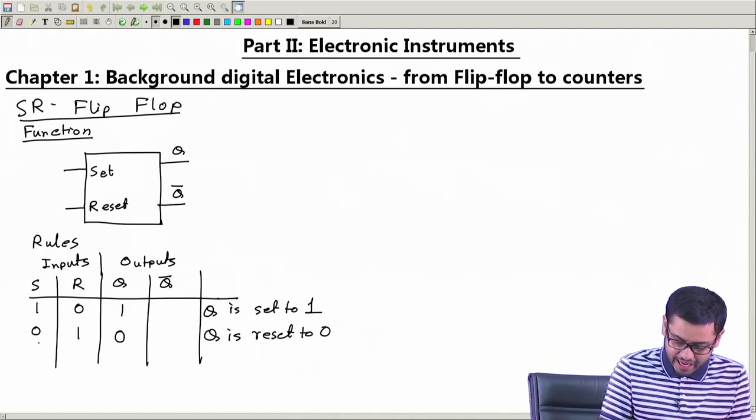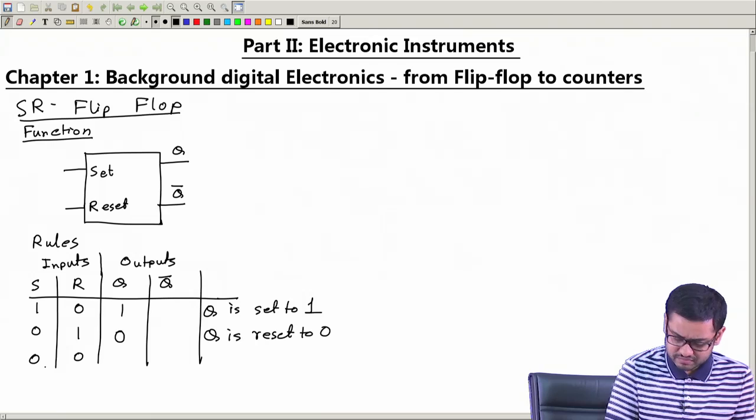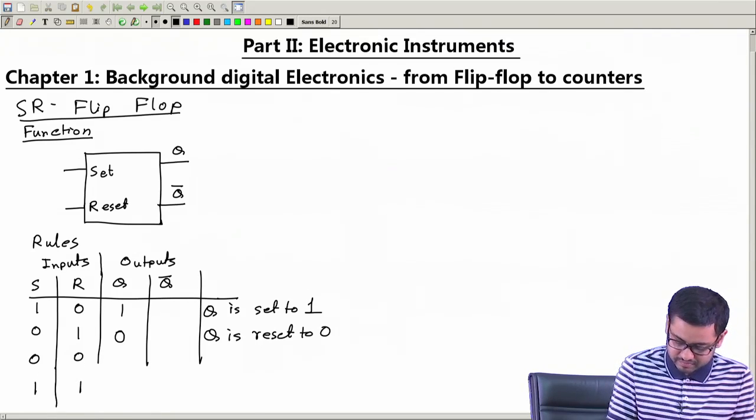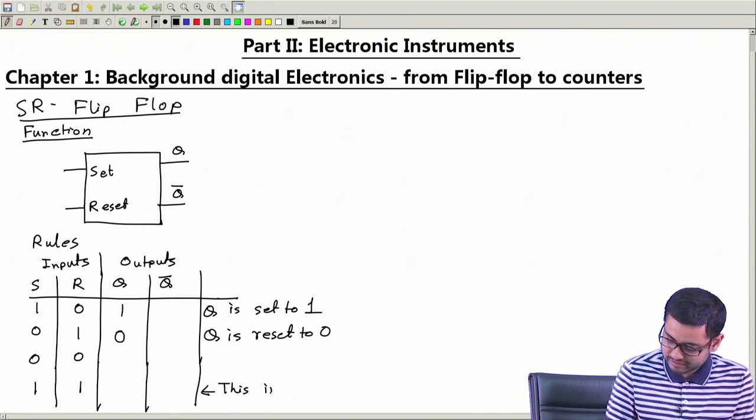And then what else can we give? We can give 0, 0, and we can also give 1 and 1. What will be the output in these two cases? This case is not allowed. This input is not allowed.